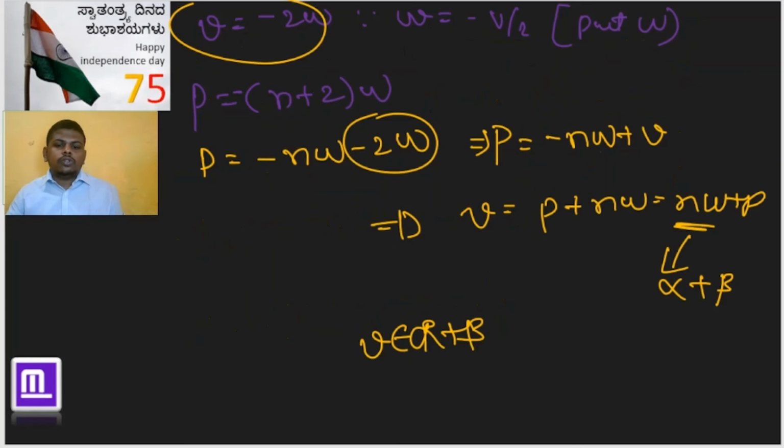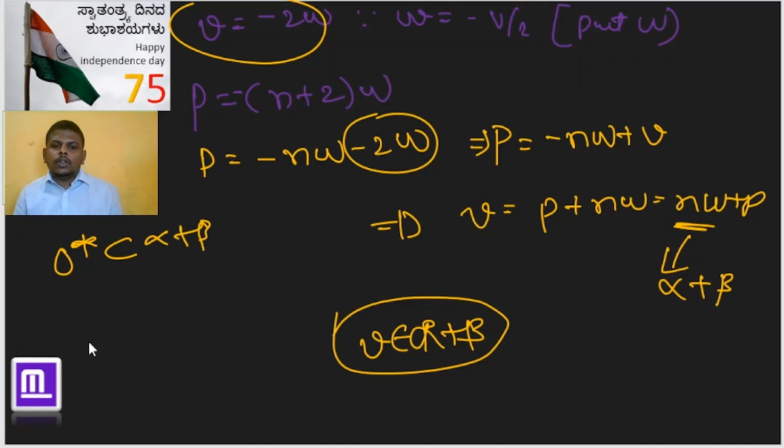Now we have managed to show that for given alpha and beta, you take any number in the 0 star, and we can show that that number belongs to the alpha plus beta also. This says that 0 star is a subset of alpha plus beta, so alpha plus beta is equal to 0 star.